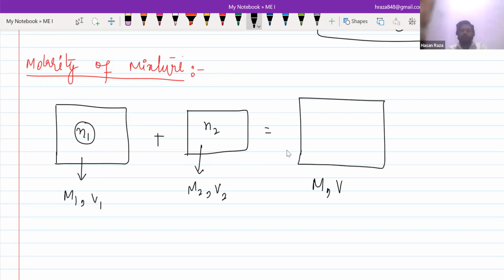Can anyone tell me what is the value of V? V will be equal to V1 plus V2, because whatever volume is present here and here, you just mixed it. So the final volume will be equal to V1 plus V2. Yes or no?